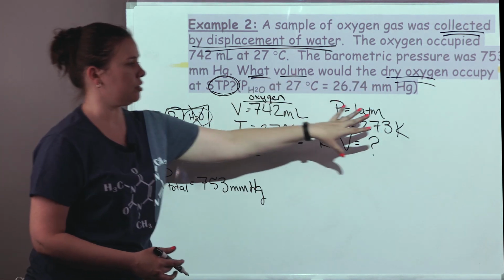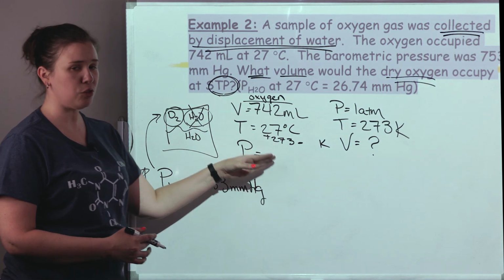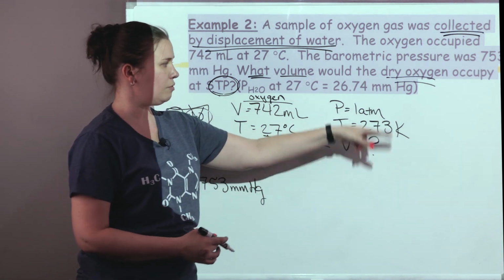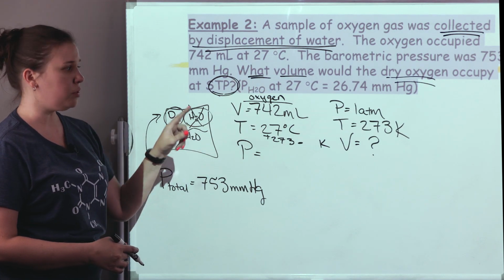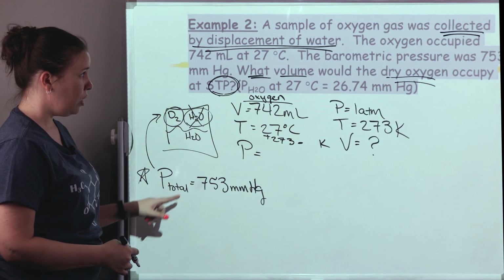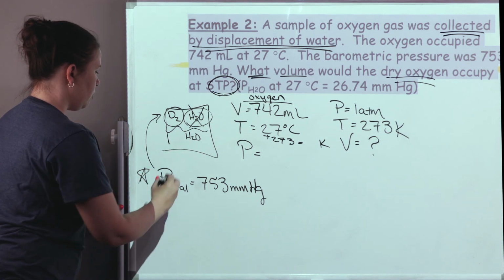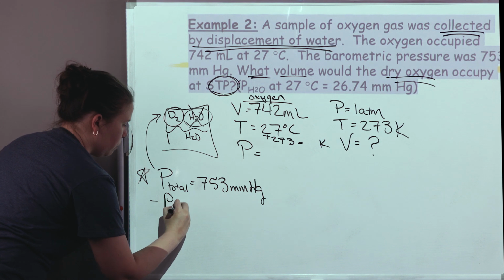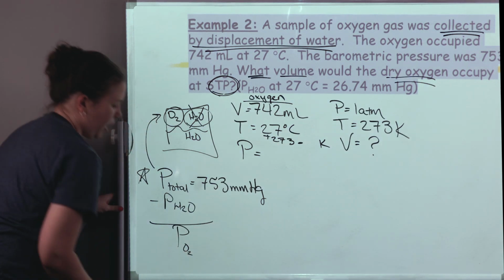So this is starting to look like combined gas law, but we have the problem that we kind of have two unknowns at this point. We don't know the volume at STP, and we don't know the pressure in the initial situation. But we do know the total pressure, and notice here in parentheses, it gave me the pressure of the water. So the idea here is if we subtract out the pressure of the water, we can get the pressure of that oxygen gas.